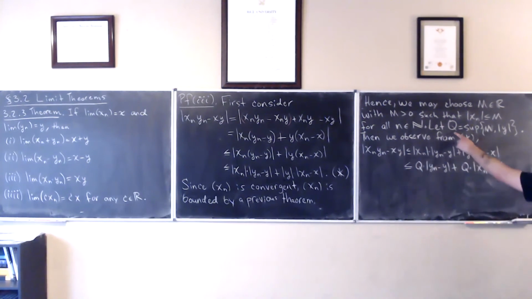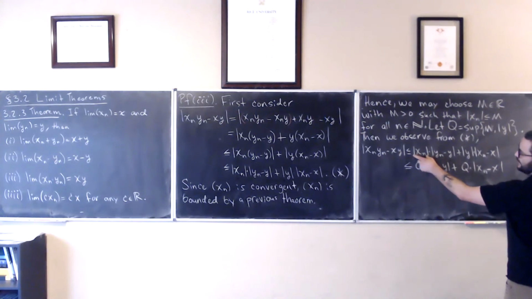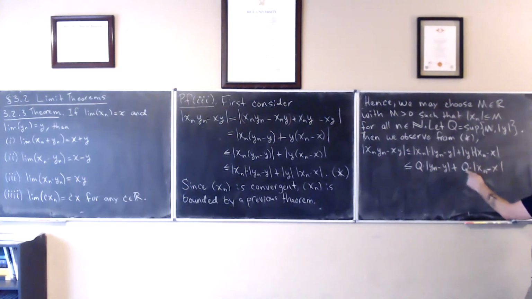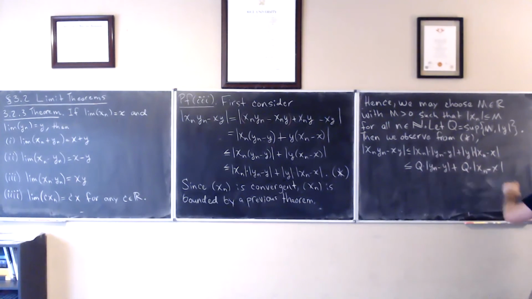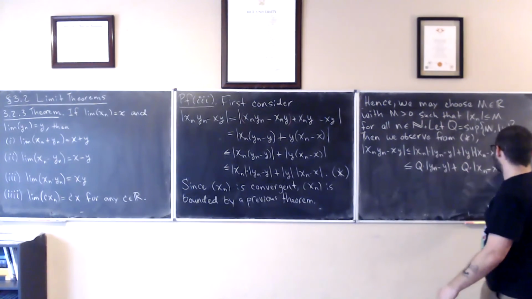Right, because q is the supremum of m and the absolute value of y, so that's bounded above by q and that's bounded above by q, so this whole quantity is bounded above by that times that plus that times that. Okay?